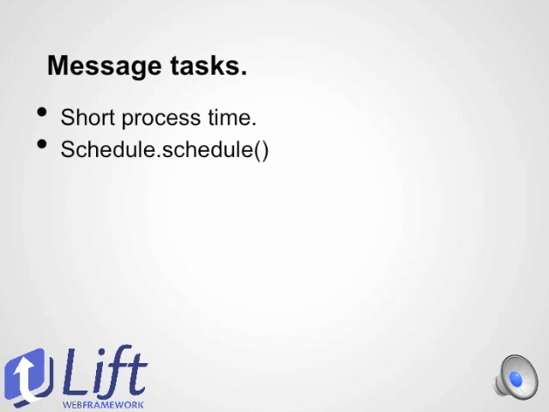You pass a function that you want to execute, and the task can even be sent to another actor, not just a Comet actor, but a regular Lift actor. When the Lift actor is done processing the video, it can send your Comet actor another message saying, okay, I'm done processing the video, this is the result, and then you can show that information to the user. So that's one of the things to keep in mind: make sure your Comet actor isn't blocked for very long at all.